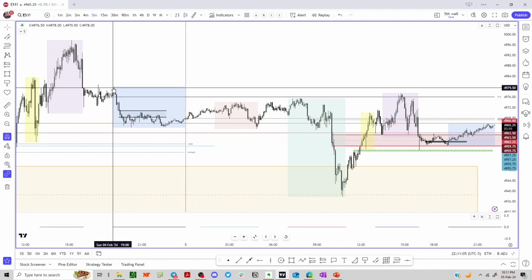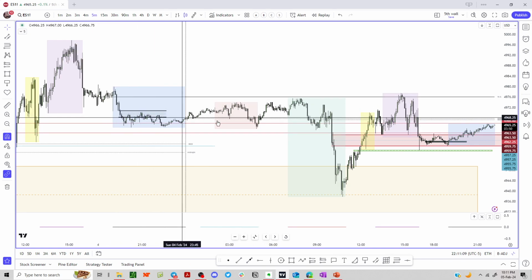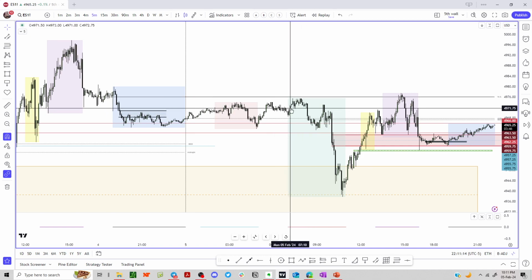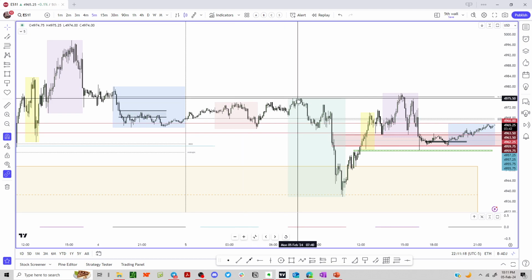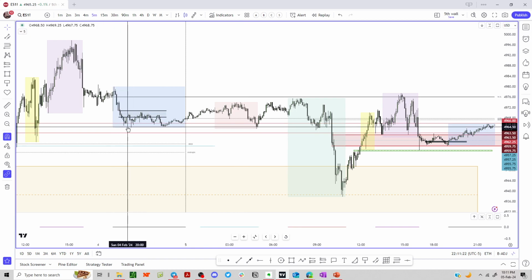So meaning that this London session literally traded in the Asia session range. Then this AM session broke again the London session high. Dropped down, took out the London and the Asia session lows.